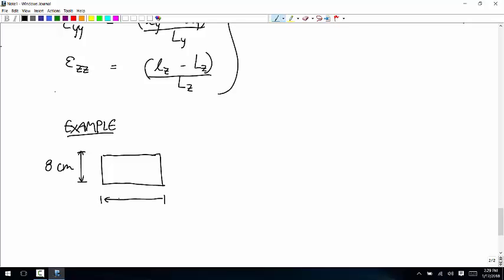This is 20 centimeters. And after deformation, it shortens along the 20. It lengthens along the 8. I'm going to keep using the same coordinate system.